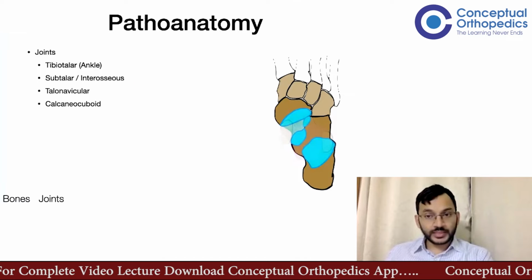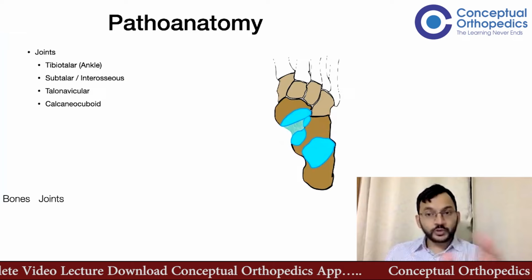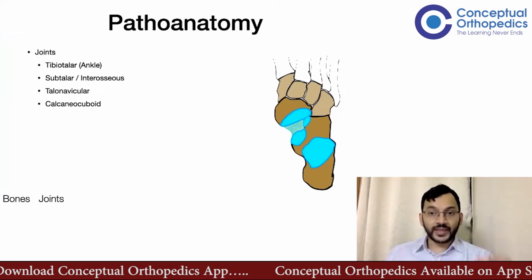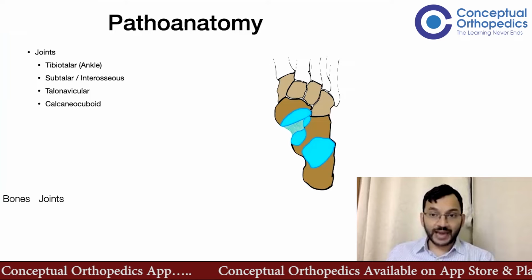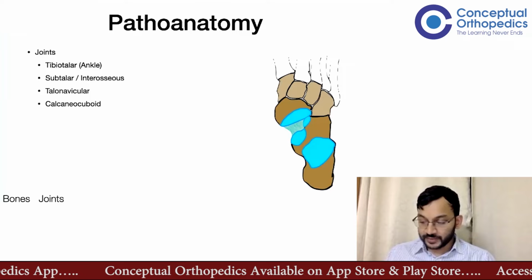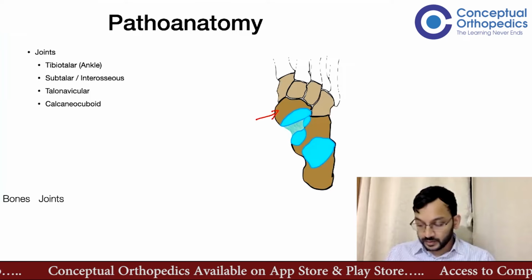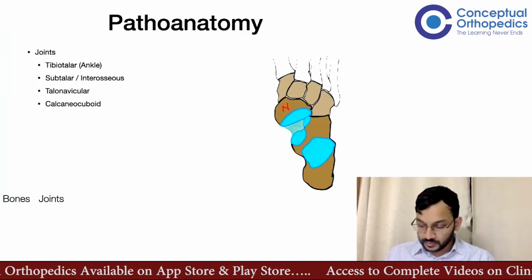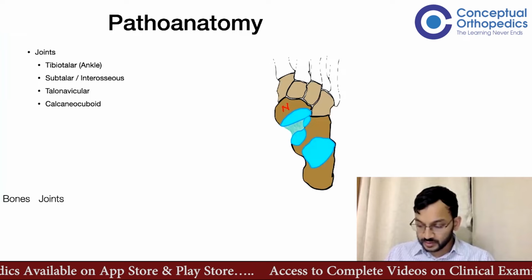To visualize the other joints, you need to remove the tibia, fibula, as well as the talus. Then we can see the other joints, which is the talonavicular joint. The talus articulates with the navicular. That's the navicular here.